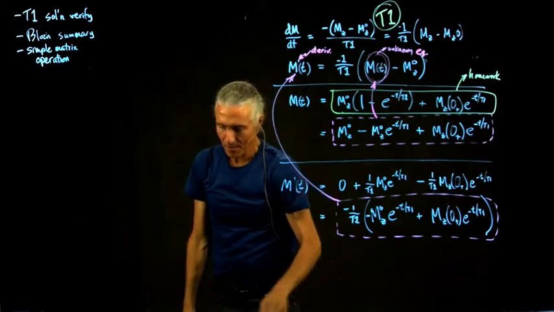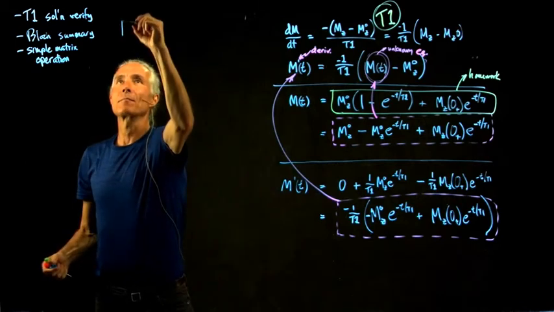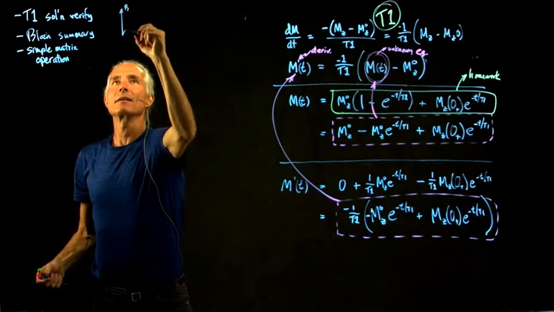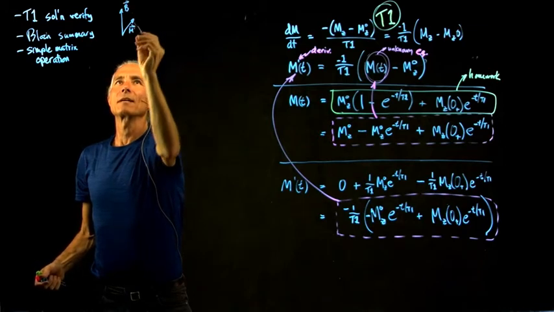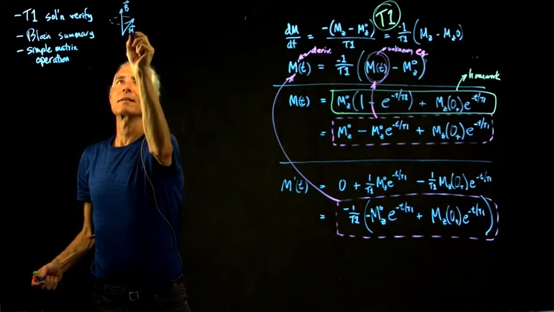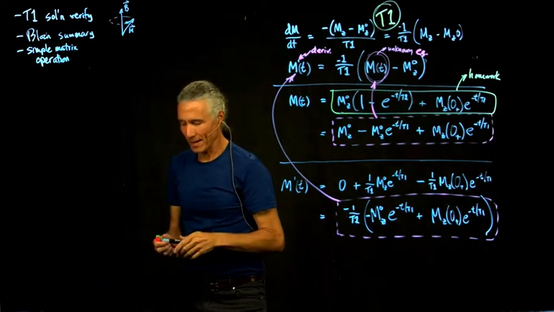Initially we drew out pictures where you have the B field, and then the M vector, processing around and moving in that direction. We're just going to draw a big version of that.